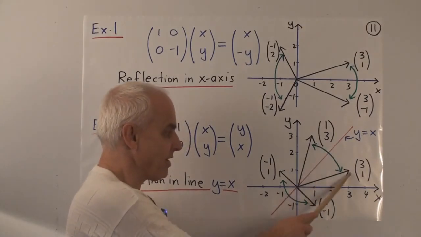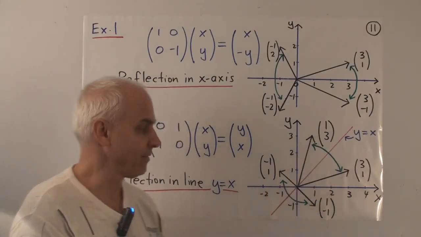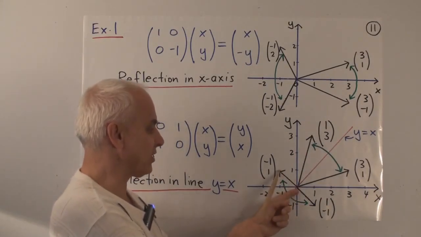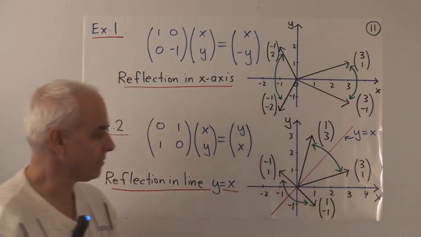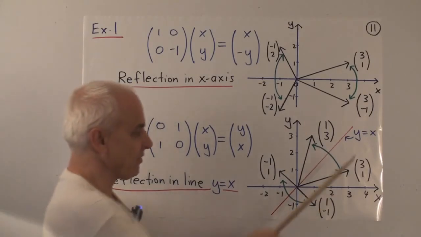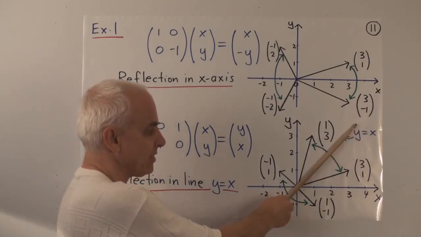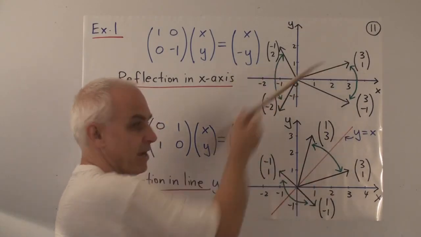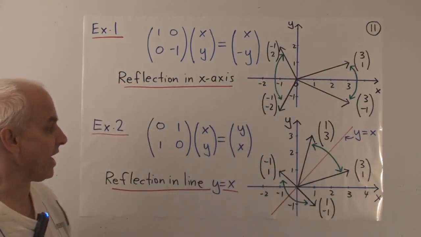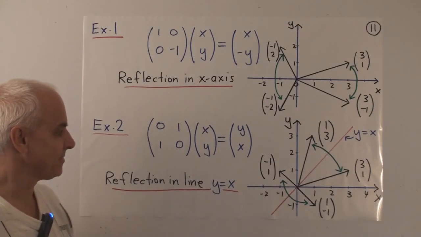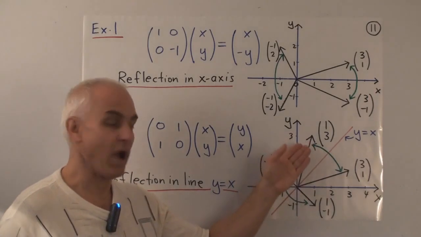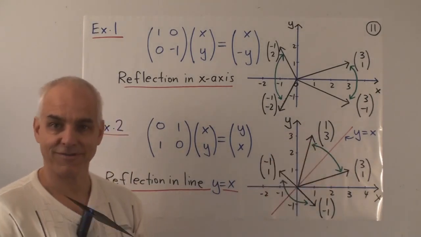Well, the vector (3, 1) gets sent to the vector (1, 3). The vector (-1, 1) gets sent to the vector (1, -1). This is a reflection in the line y equals x, in the same way that this was a reflection in the line y equals 0, or the x-axis. So this one also has the property that if you do it twice, you get back to where you started.